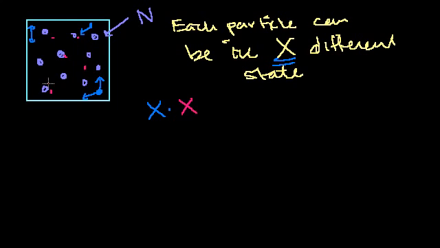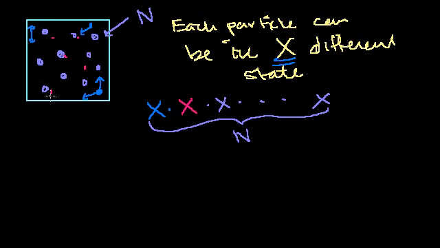And then you'd get all the different configurations for the system. But we don't have just two particles. We have n particles. So for every particle, you'd multiply by the number of states it could have, and you'd do that a total of n times. This is really just combinatorics here.